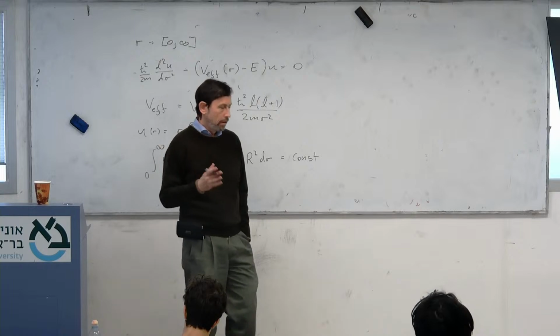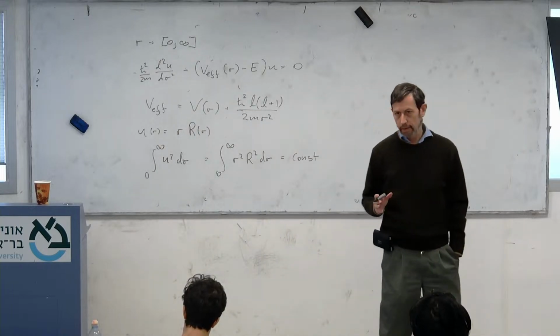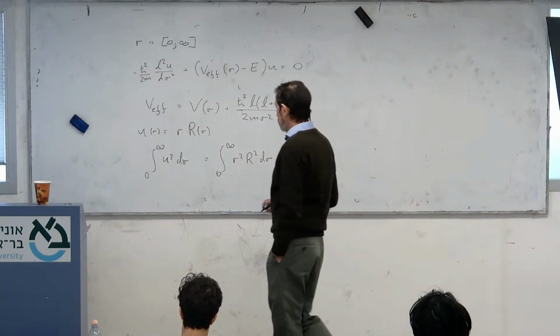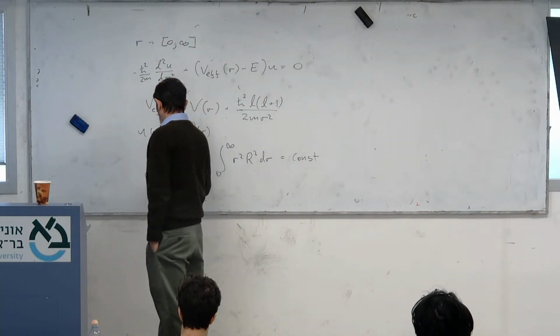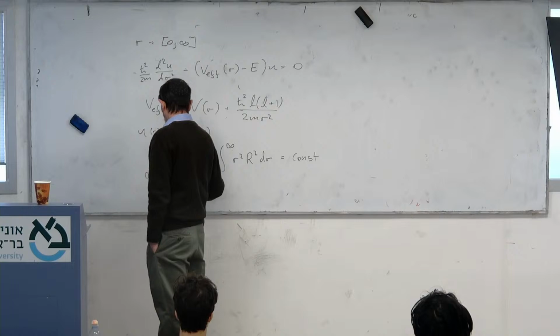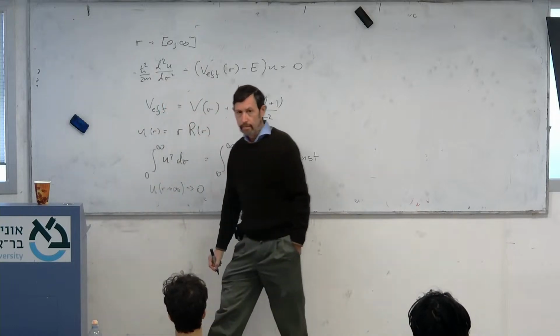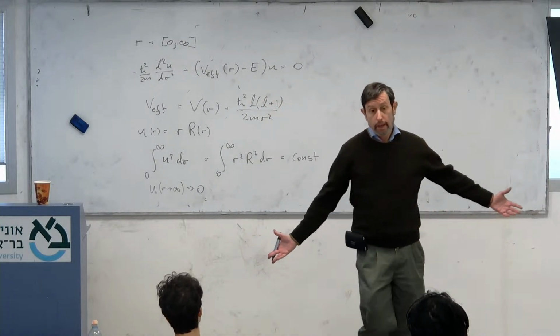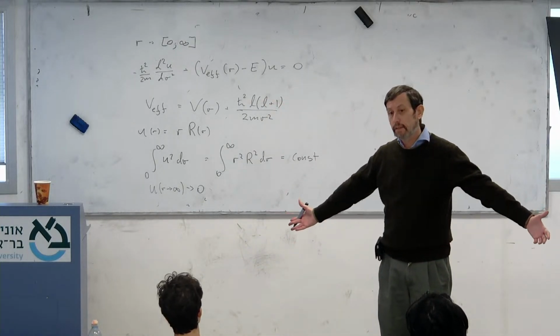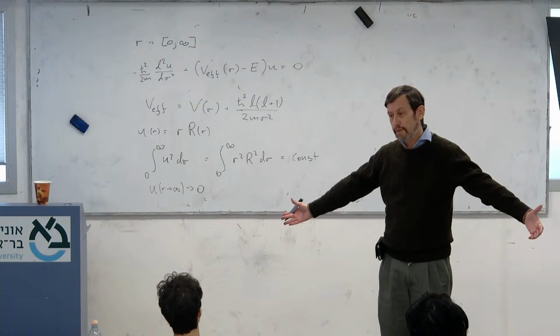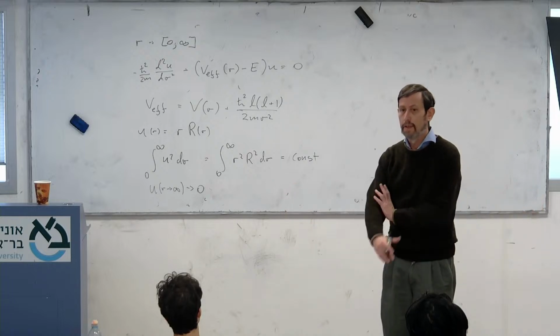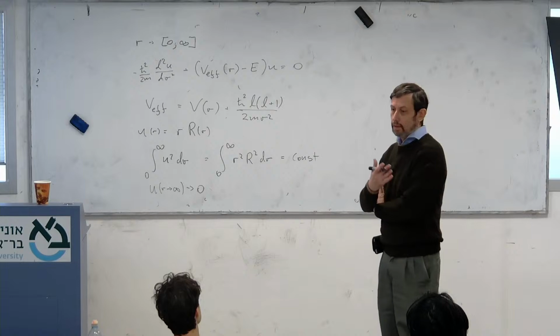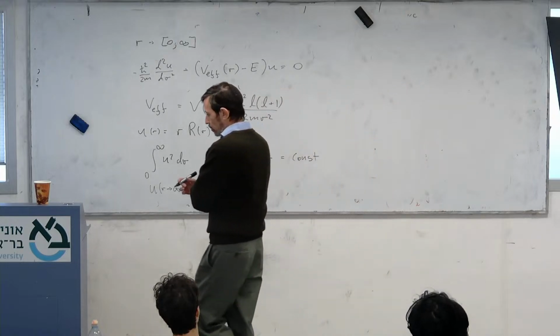So, what do I conclude from it? First of all, I can't have a finite value of u infinitely far because the integral will diverge. I won't have normalization.